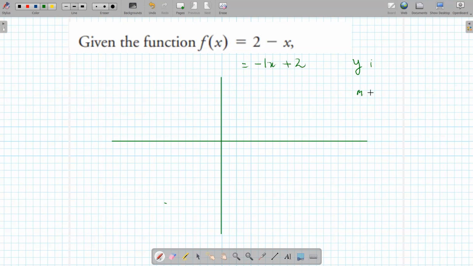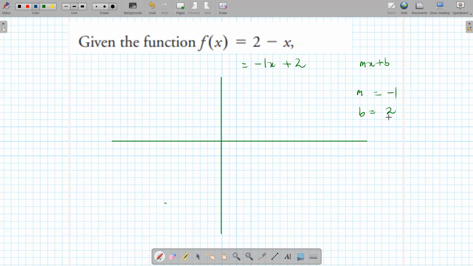What is our m and what is our b? The y-intercept is 2. M is -1. Was that difficult? No, right? We're just graphing a linear function. So far, it should be pretty straightforward. They will give you the order like opposite, but that shouldn't make a difference. The slope is always the number that x is being multiplied to. In this case, -1.